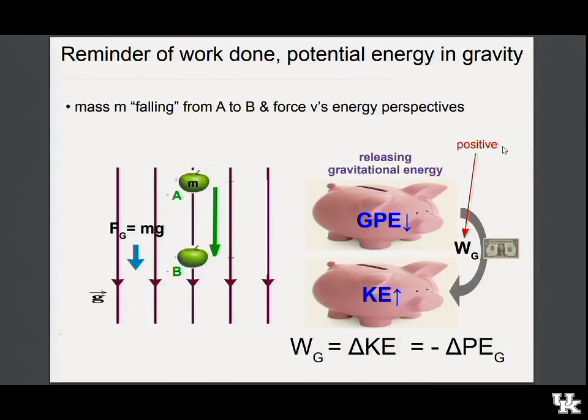And that release of gravitational potential energy into moving kinetic energy is a transfer of energy, and that transfer of energy we call the work done by gravity. So over here on the left, from the force perspective, it's the force that's speeding up the apple. And over here on the right, the energy perspective, it's kind of the work done that's increasing the kinetic energy of the apple.